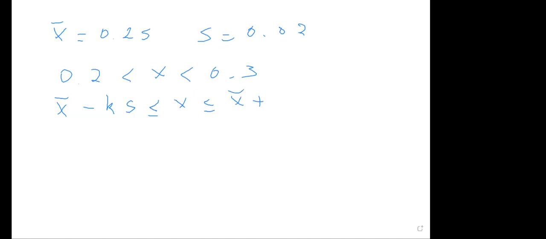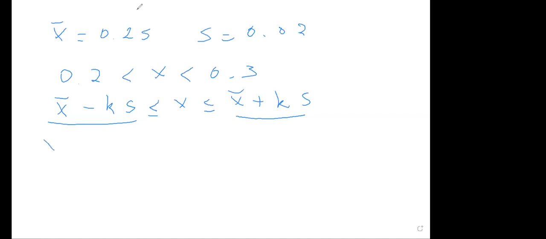This is a little mathematics. So look at what will happen here. If I do the upper number minus the lower number, it will give me 2 times ks.